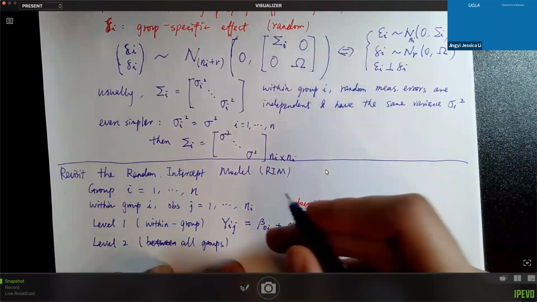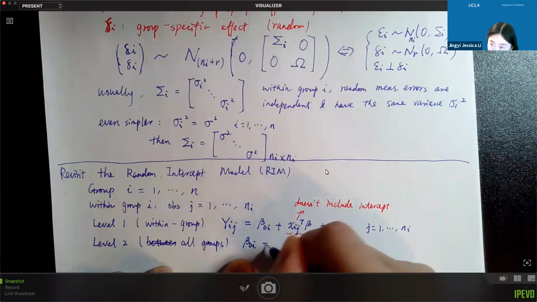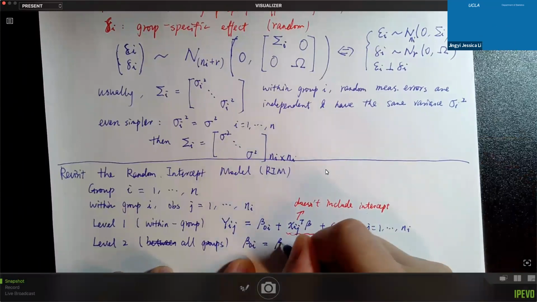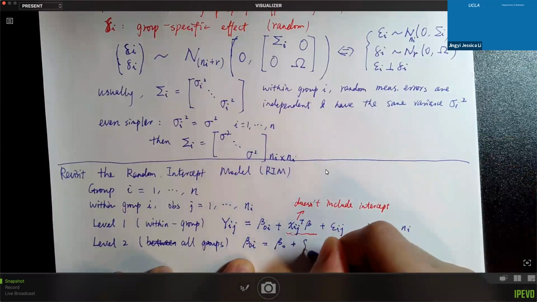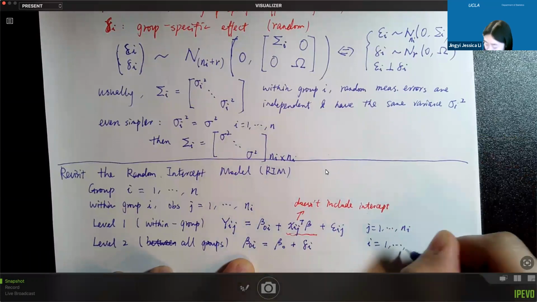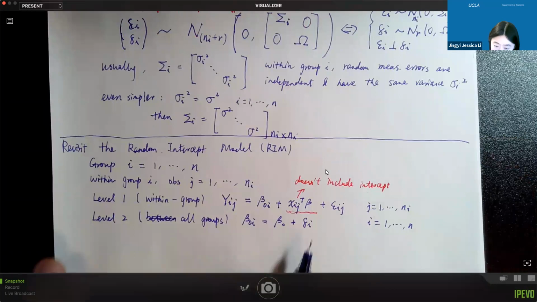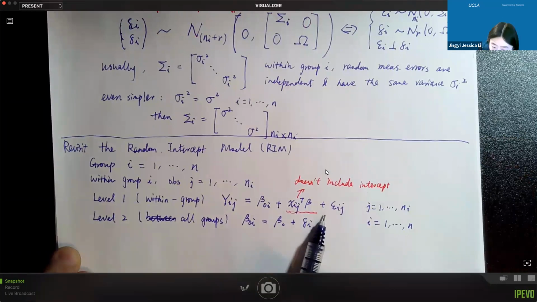So level 2 basically says beta 0i equals a common beta 0 plus delta i, okay? And here i goes from 1 to n. And within each level, there is randomness. For level 1, the randomness is what?